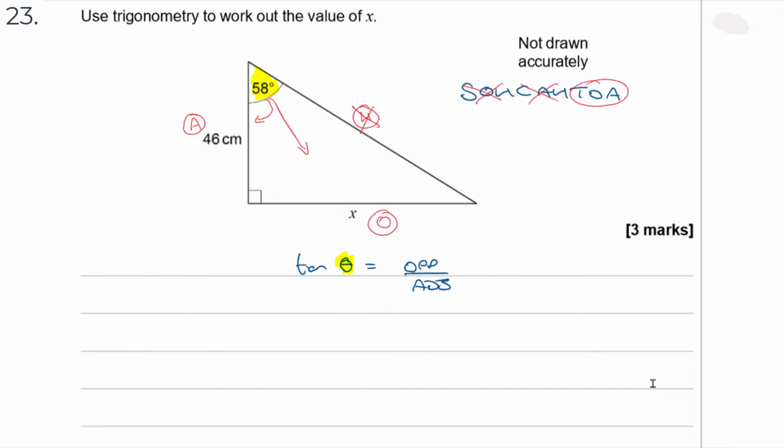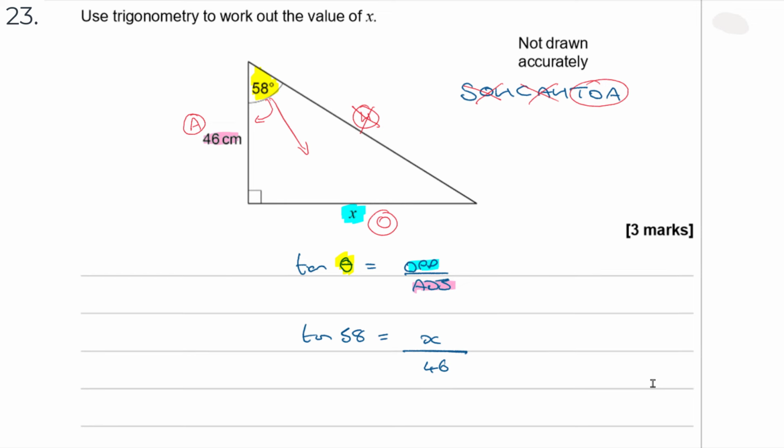Theta is the placeholder for the angle, so let's replace theta with 58, is equal to the opposite. Now the opposite is the x down here, isn't it? So that's going to be x divided by the adjacent. Now where's the adjacent? It's up here. It's the 46. So that's going to be tan 58 equals x over 46.